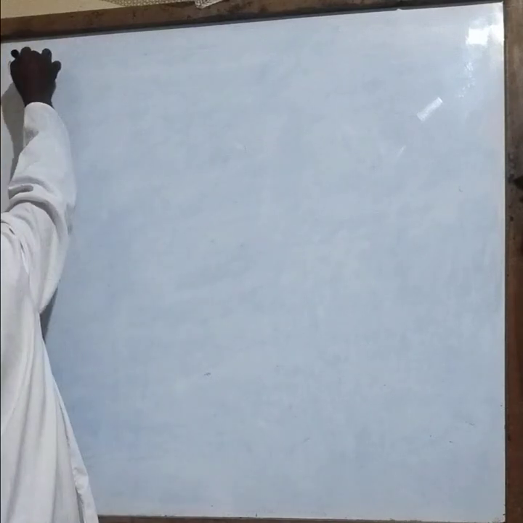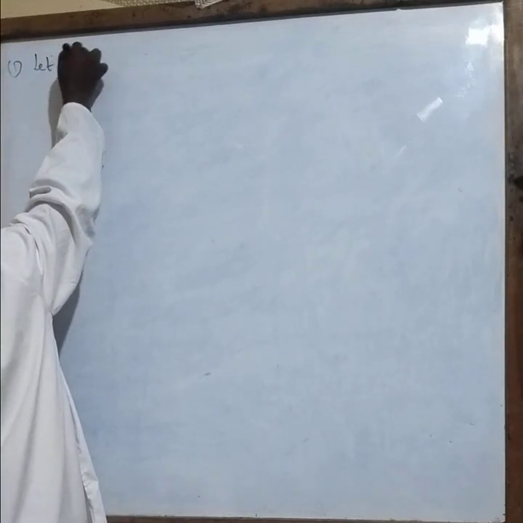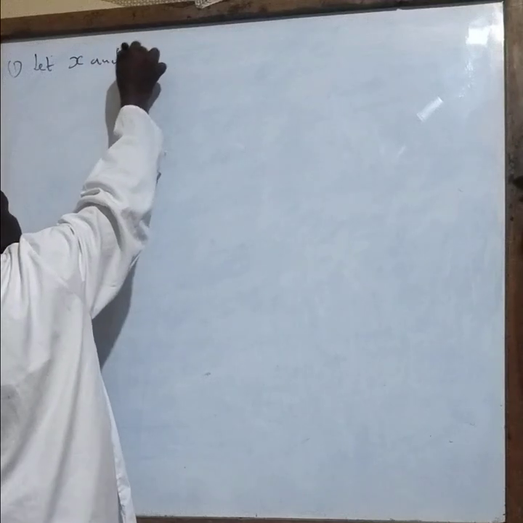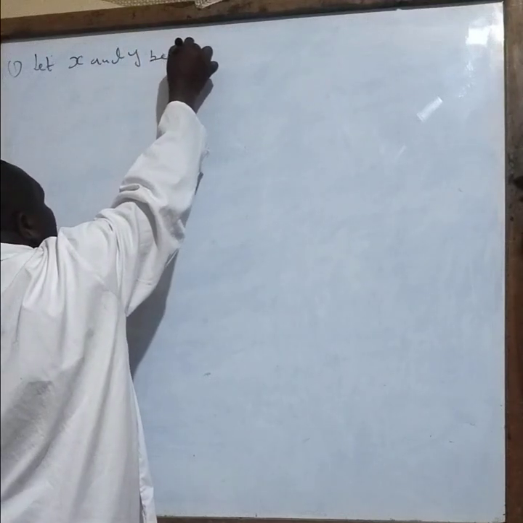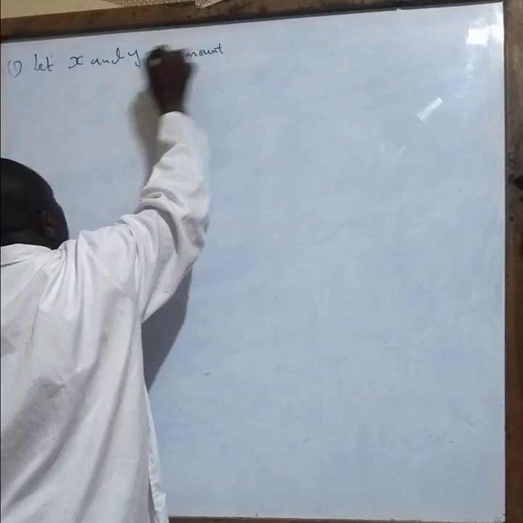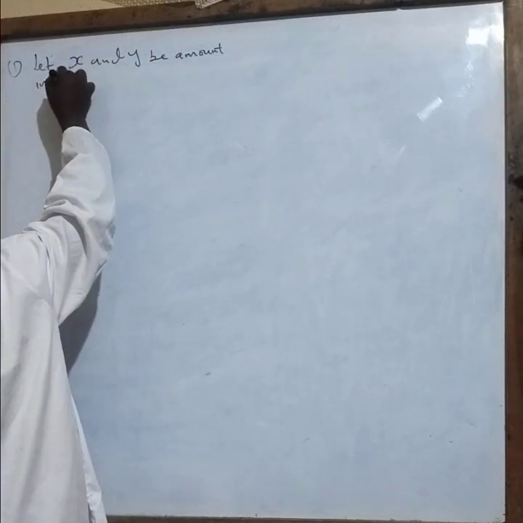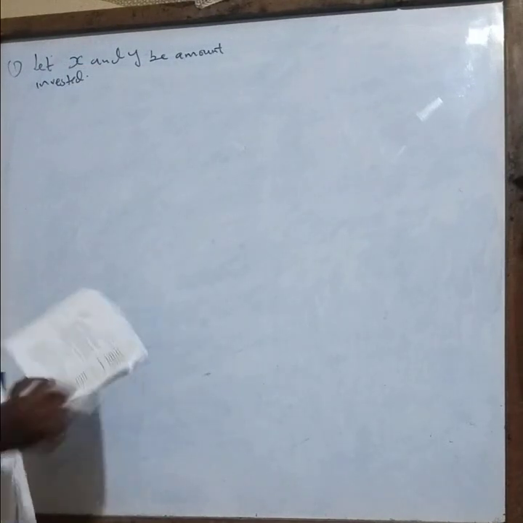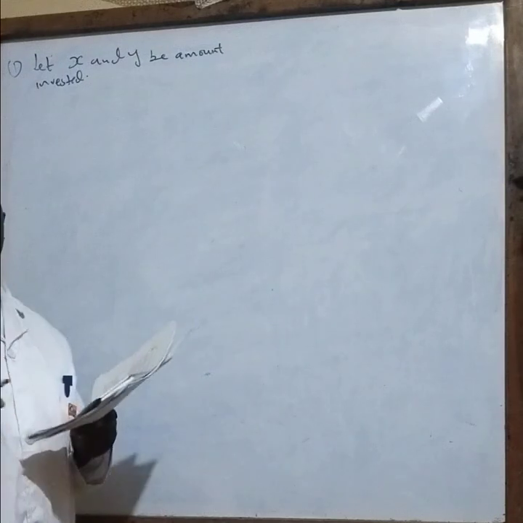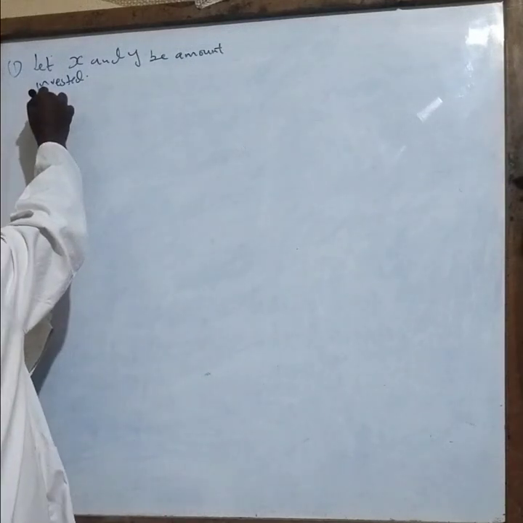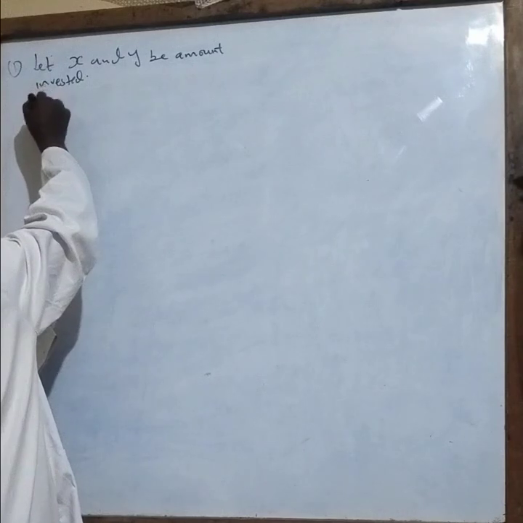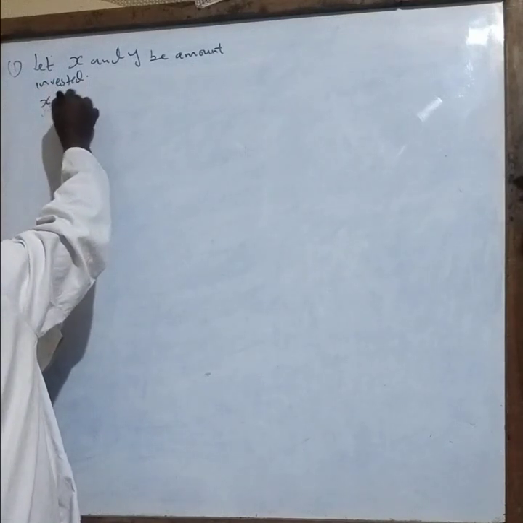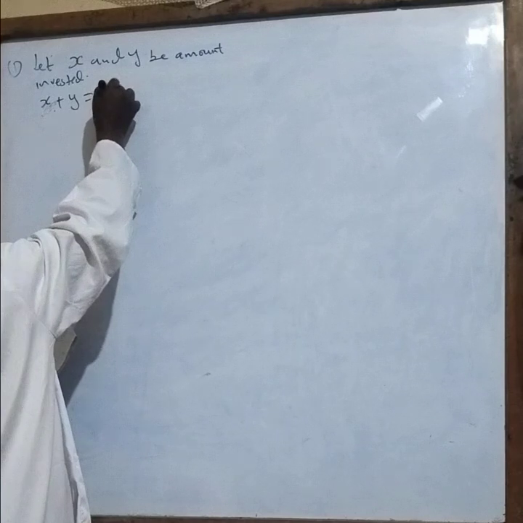Therefore, you now say, okay, example 1. Let X and Y be the amounts invested. The total amount for investment is 20,000. So our first equation will be X plus Y equals 20,000, the amount that was invested.